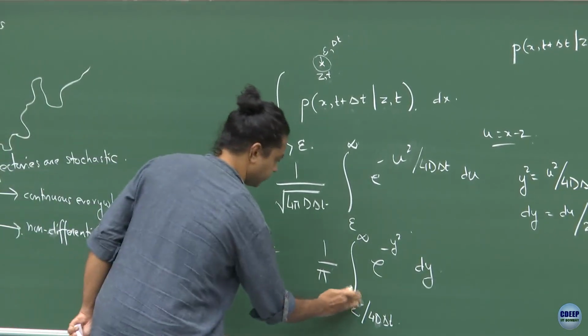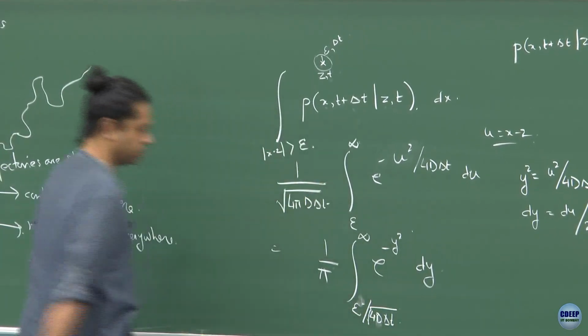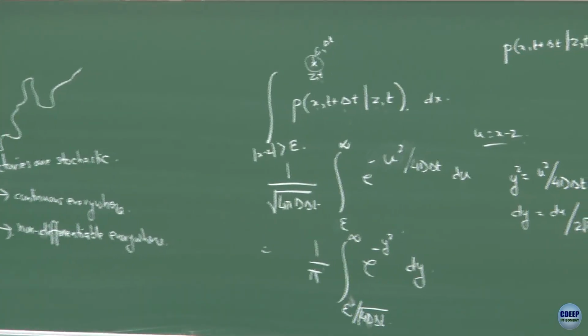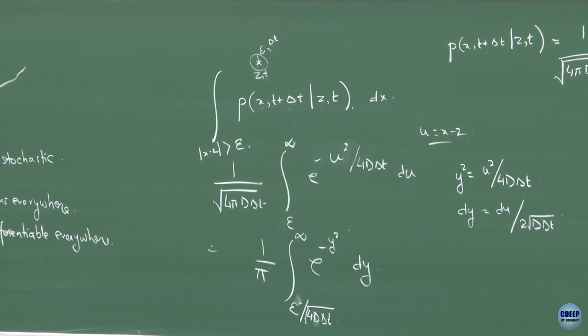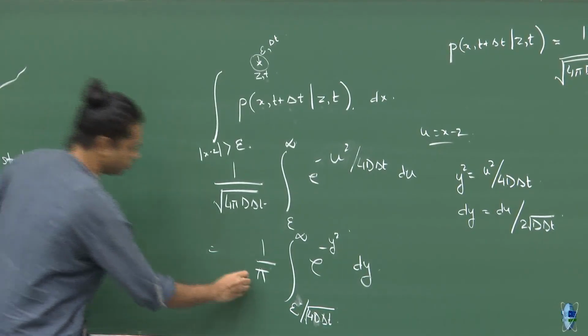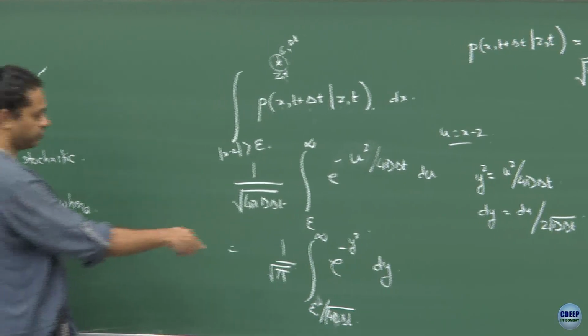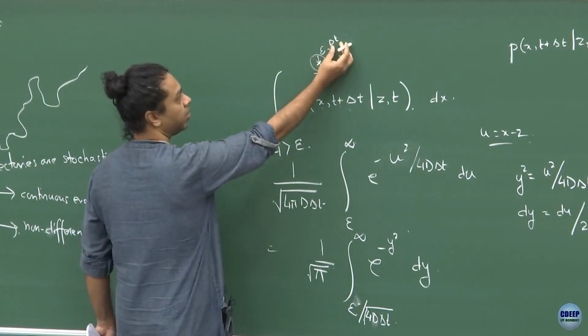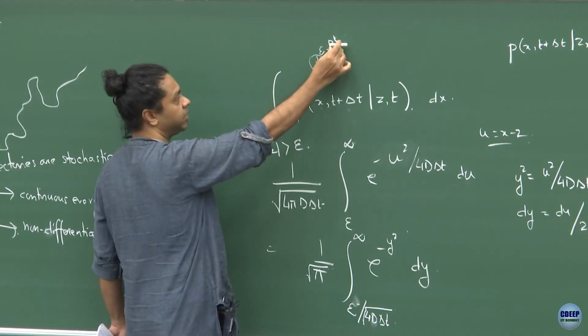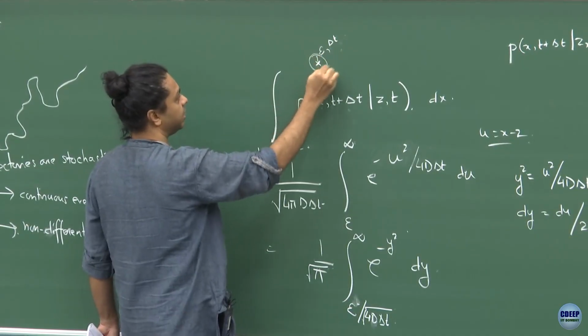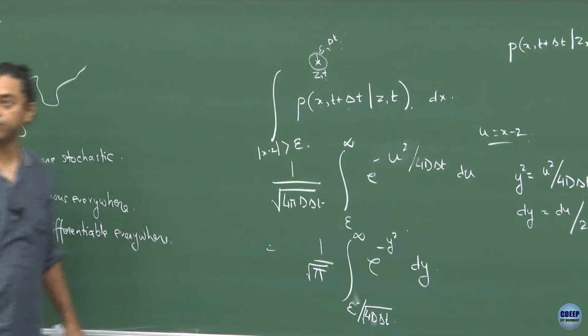So, this is right, I hope, root pi, I suppose. Okay. So, again, what is this? This is the probability that in some infinitesimal interval of time delta t, I have escaped a neighborhood epsilon of my initial position.